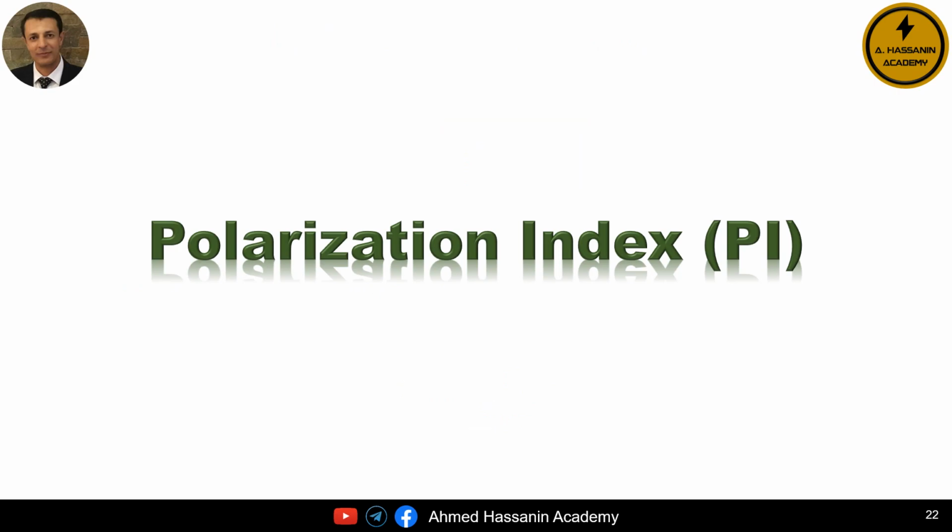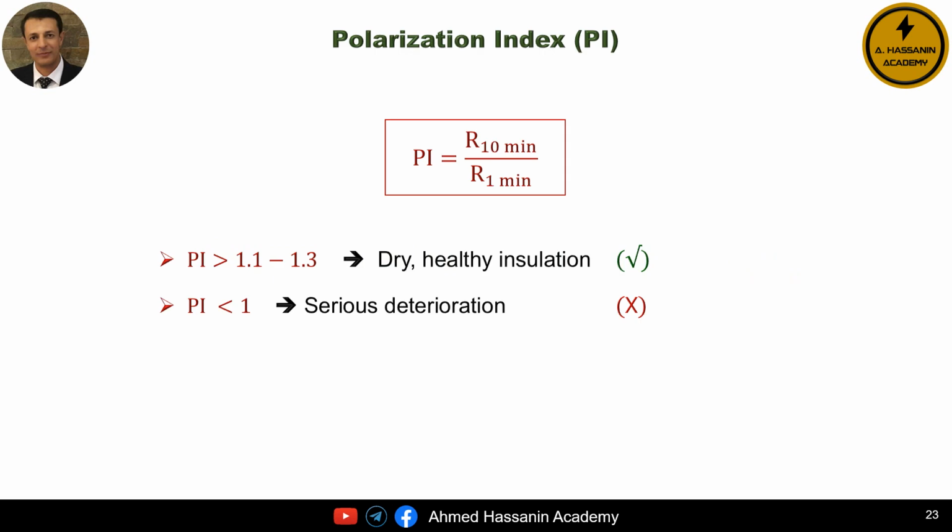Unfortunately, in the case of large power transformers, the absorption current may persist inside the transformer for a long time. That is why many experts recommended resorting to the polarization index PI test. The polarization index PI test requires a time period not exceeding 10 minutes.